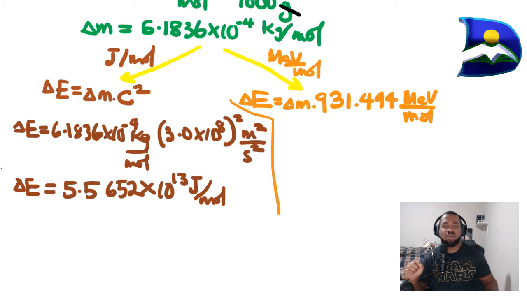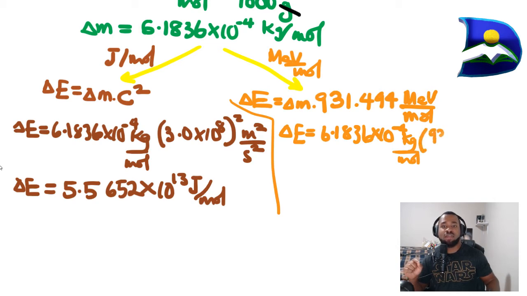So for this pathway, we know that our change in energy is equal to our change in mass, which is 6.1836 times 10 to the negative 4, in this case kilograms per mole, times, in this case here we have 931.494 mega electron volts per atomic mass unit.